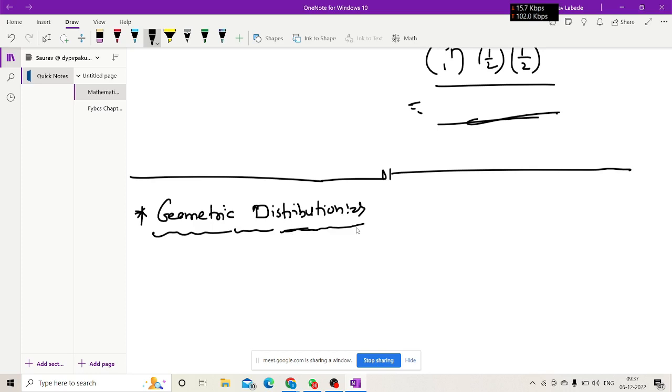So what is the geometric distribution then? I think this we will try to cover in today's offline lecture. Only two distributions are remaining now, geometric and Poisson distribution, right?